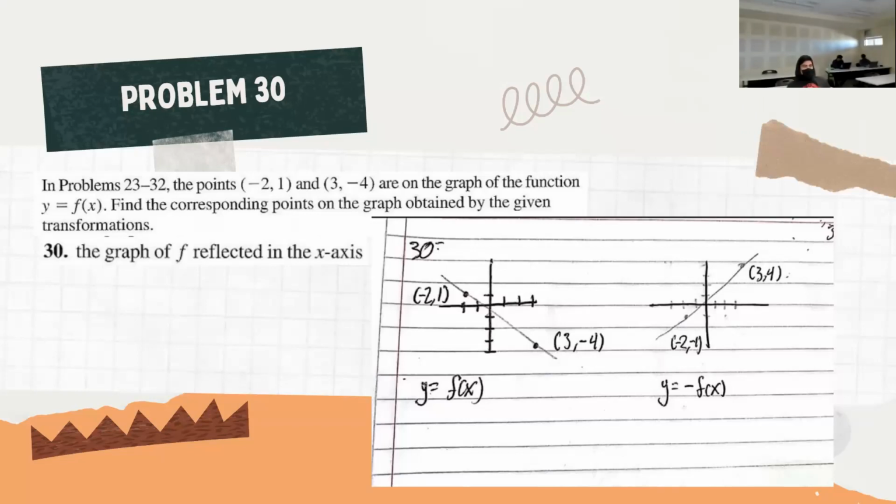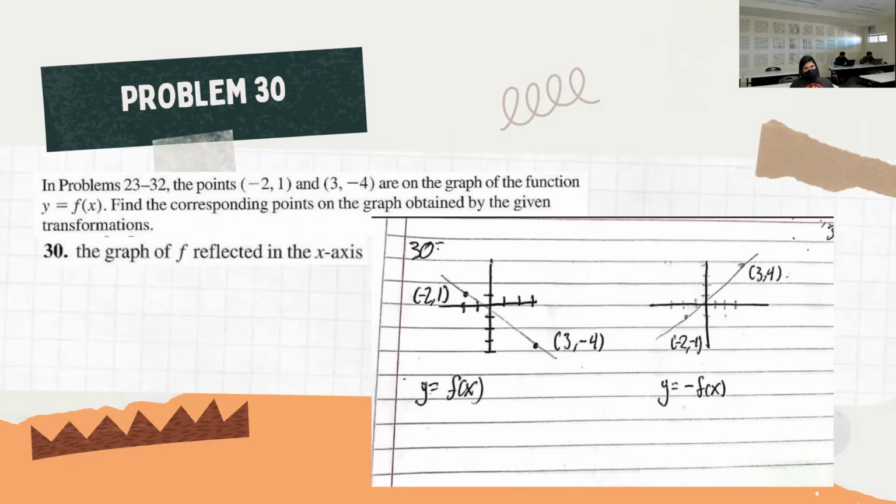Go ahead, Luis. I'm not sure if it's correct, but it was just to reflect on the x-axis. I don't know if it's a procedure to do it, but I just changed the sign of y in order to reflect the line. Okay, let's look at these.